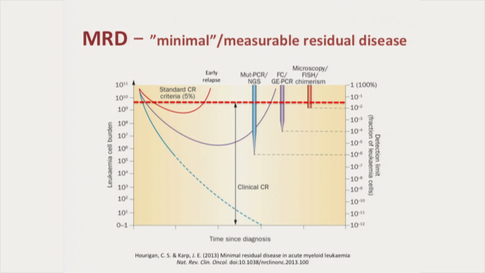So any disease identified by those approaches below the morphologic threshold is named minimal residual disease. But now after nearly 30 years of study, we know this disease is very important and nothing minimal about it. So now they changed the name to measurable disease.